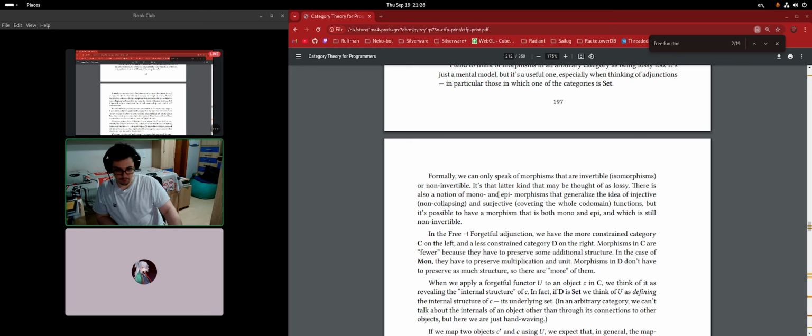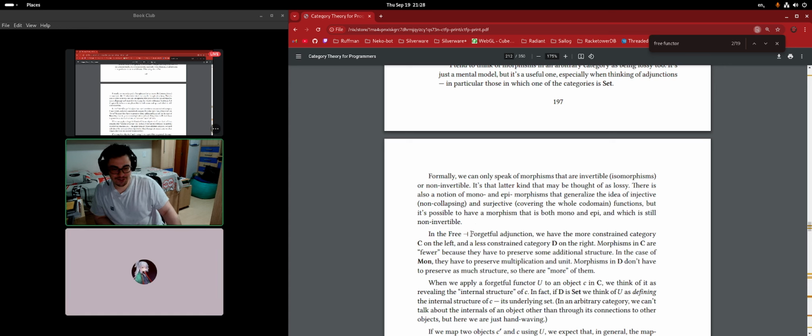Well, I don't remember what monomorphism and epimorphism mean. I'm guessing that monomorphism is generalizing the idea of injective functions, and epimorphism is the one generalizing covering the whole codomain. And it's basically saying that you can have both, and it's still not being invertible, which sucks. Yeah, that does suck actually.